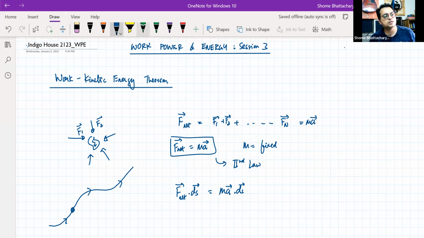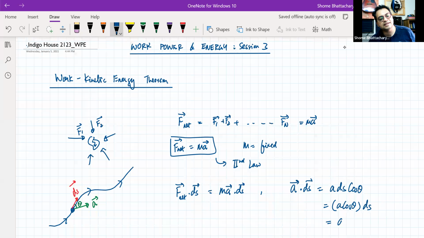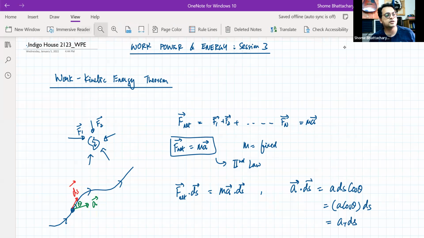So during a very small differential displacement ds, if the acceleration vector of the particle or body is like this, such that this angle is theta, then you can see that a dot ds here will be a ds cos theta, which we can write as a cos theta into ds, which is nothing but the tangential component of acceleration into ds. So let's elaborate on this point and understand this better.